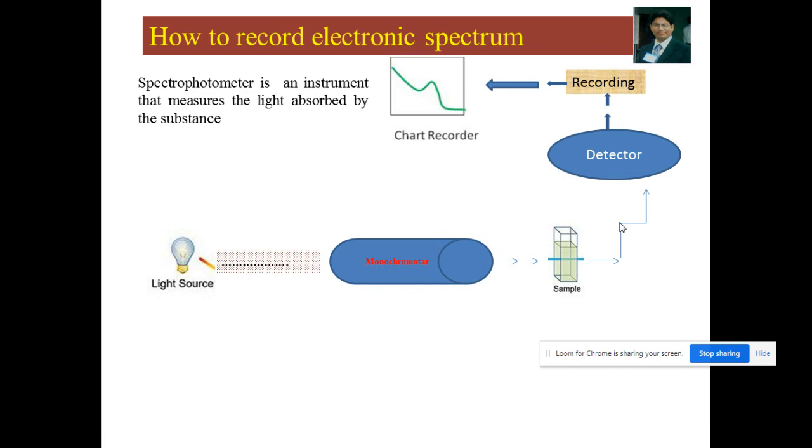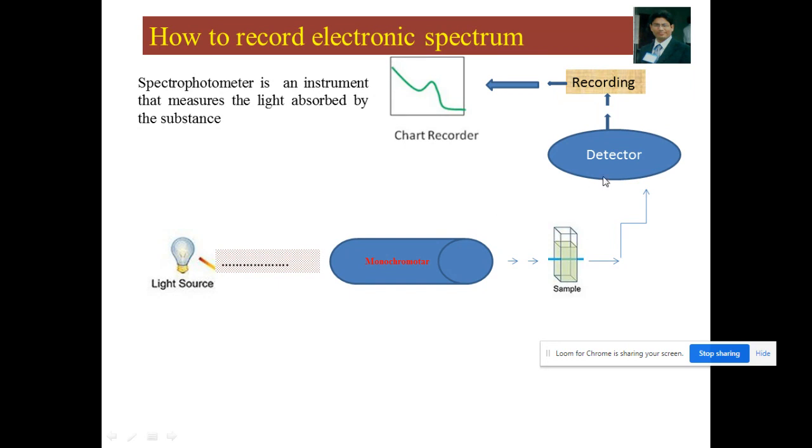It has three important parts, namely source, detector, and recorder. A source provides the electromagnetic radiation of a particular frequency that passes through a given organic sample, mostly in the dissolved form.